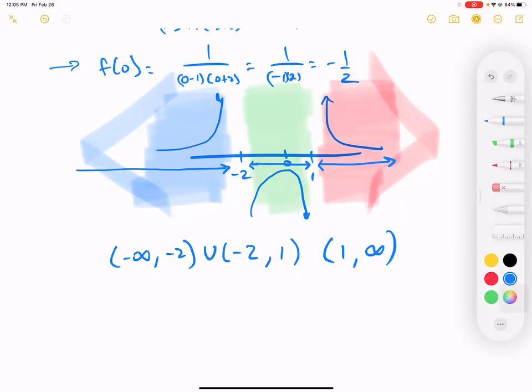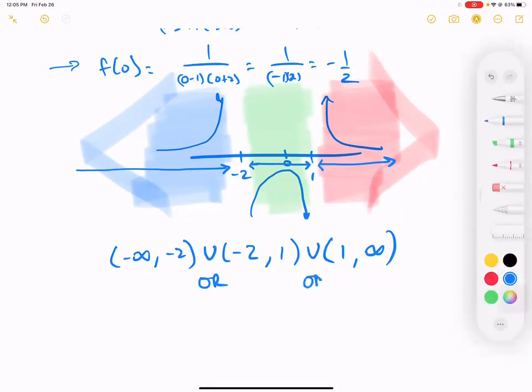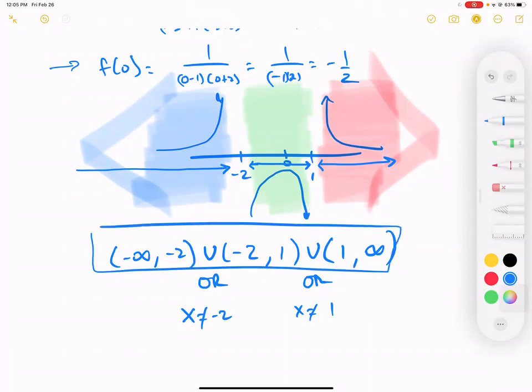I'm going to use a union to say it's this or this or this. I can be in any of these 3 areas, and these will give me a y answer on the graph. The x values cannot be at -2, and they cannot be at 1. But the domain is illustrated in this form here. Okay, that's it.